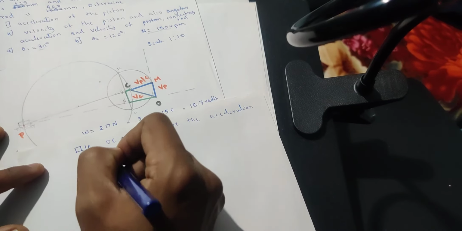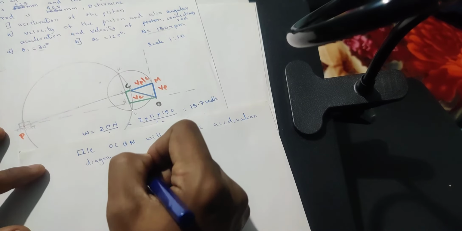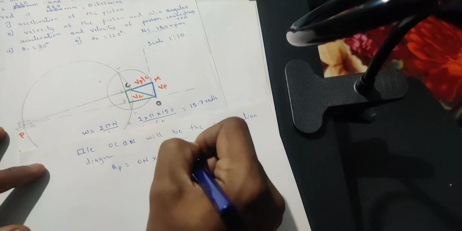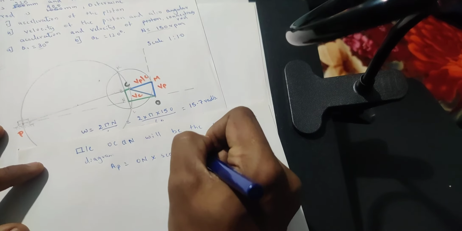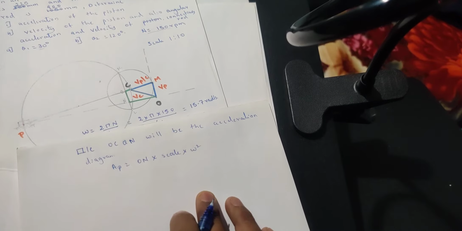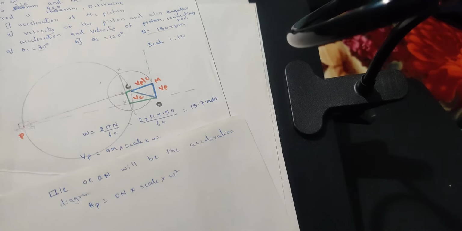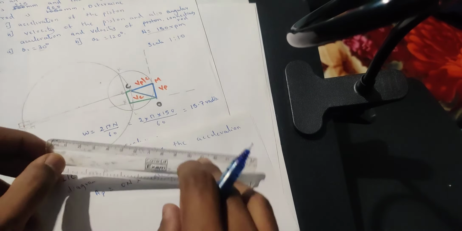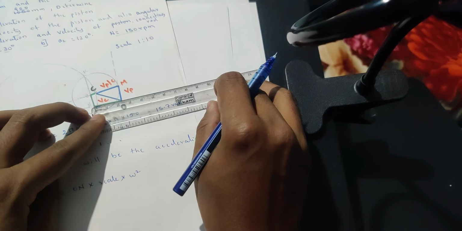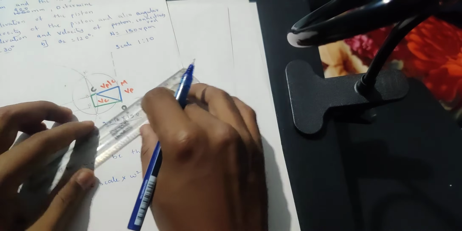So the acceleration of piston is given as we have to measure this distance ON into scale into omega square. So ON, you have to find out how much is the distance here. If you just check here, it is 22 mm.